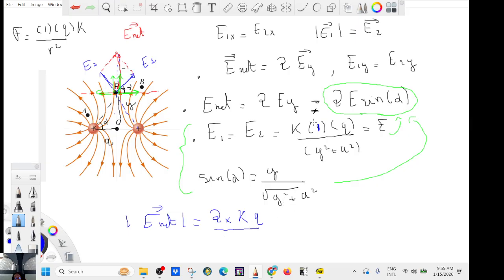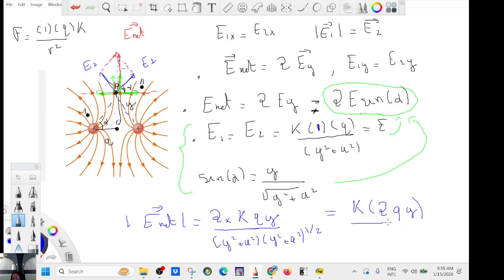Then over the sine, where is my sine? That will be a y, and then you have y squared plus a squared, and the square root is just 1/2. So it's going to be k times 2qy.